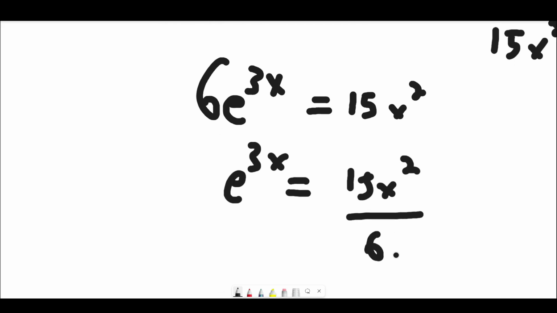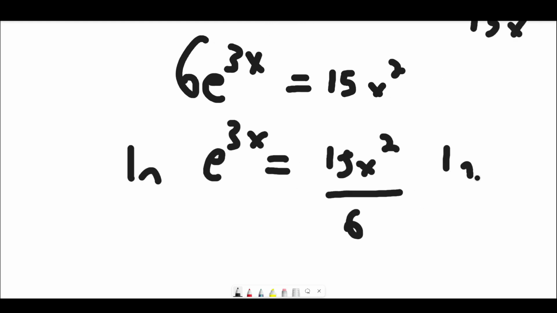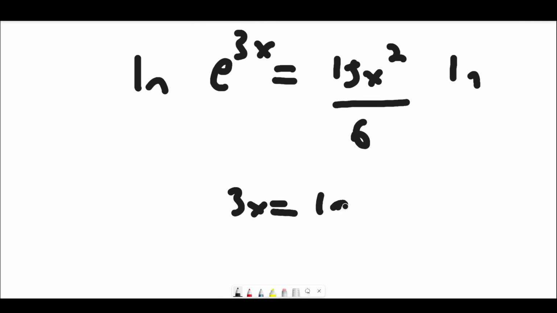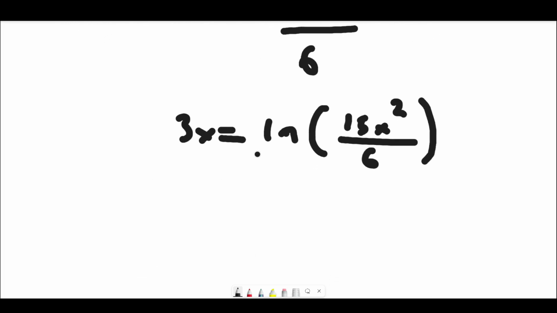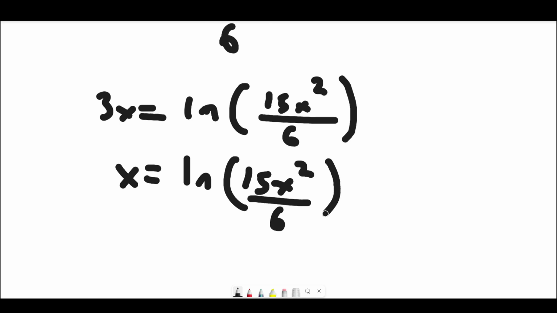Now I'm going to try to isolate or get rid of the e, so I'm going to ln both sides. And now it's going to become 3x equals ln of 15x squared over 6. Then I'm just going to divide both sides by 3 to get x equals ln of 15x squared over 6, divided by 3.